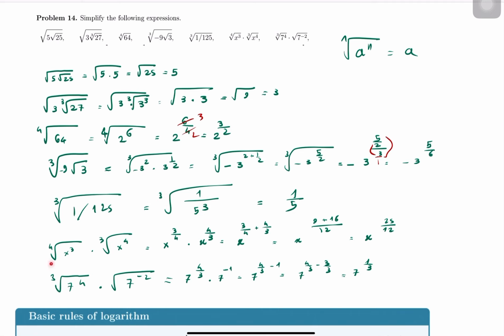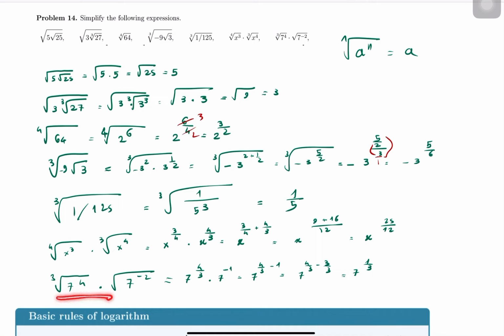And if we have two different radicals that are multiplied, first we convert these two to the normal form, x power 3 over 4 and x power 4 over 3. Because the base is the same and the powers are different, we add the powers together and this is the result.